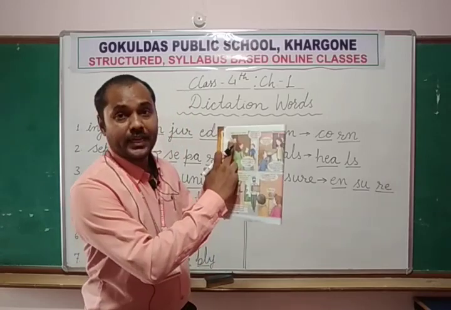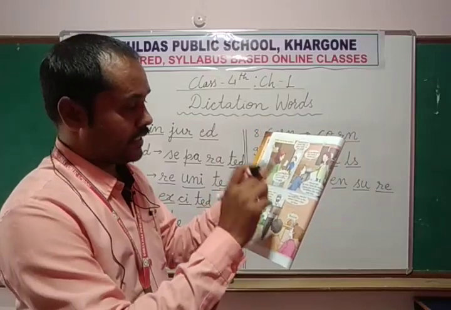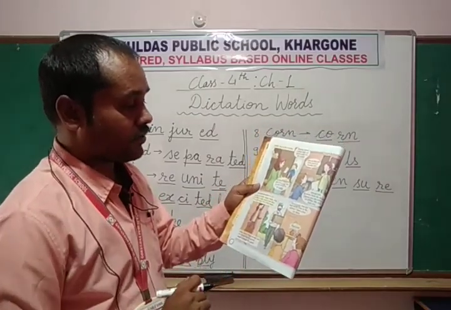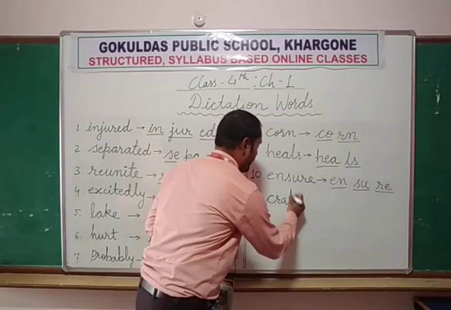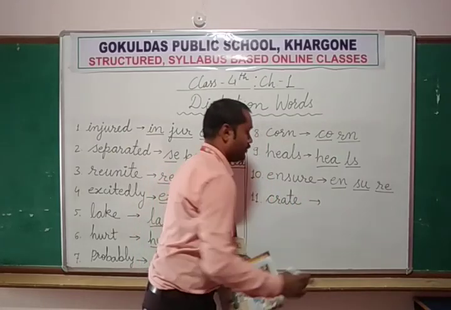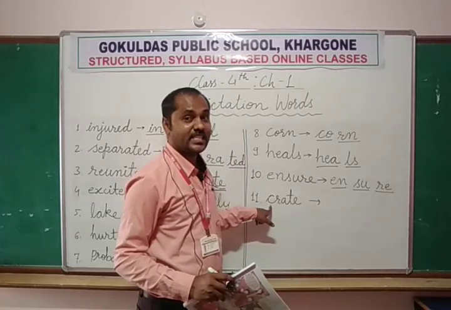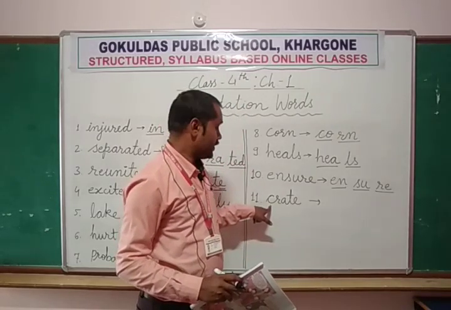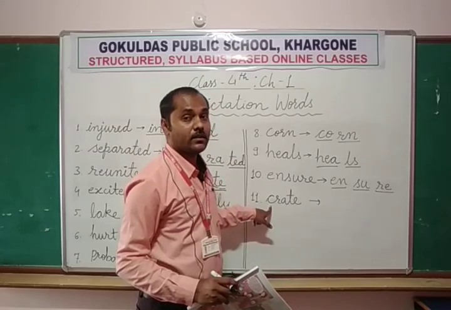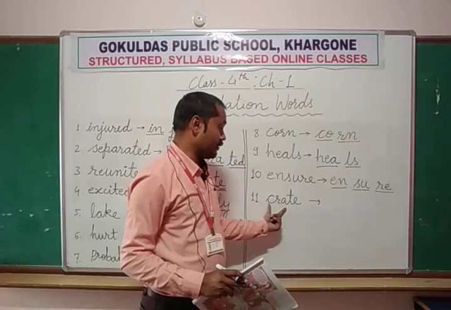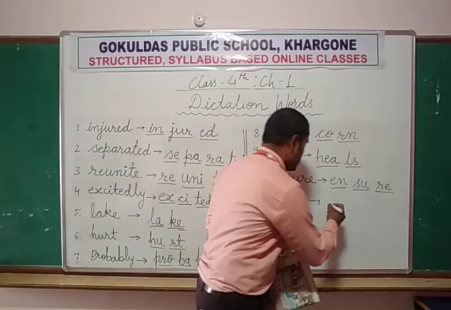Okay, next come to page number 4. On picture number 8, we have two words, crate and costly. CRATE. Sometimes in some words C is pronounced like S, and in some words C is pronounced like K, just like here we are pronouncing it crate.